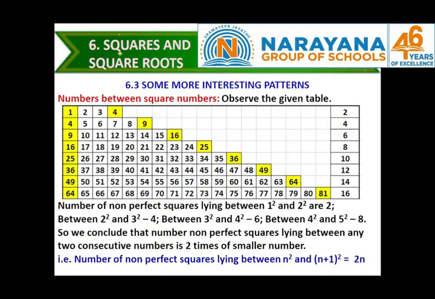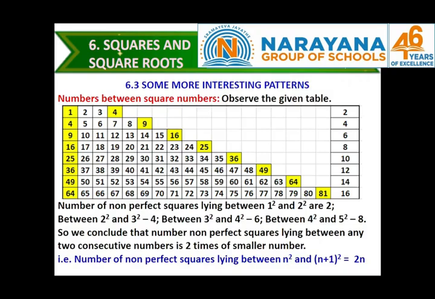Yes, 2 numbers. How many numbers lying between 4 and 9? 1, 2, 3, 4 numbers. How many numbers lying between 9 and 16? 6 numbers. So check the table.